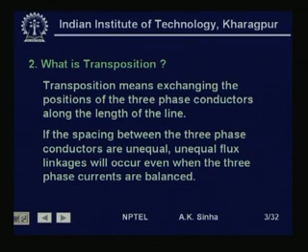Second question was, what is transposition? Well, transposition means exchanging the position of the 3 phase conductors along the length of the line. That is, when we have 3 phase conductors which are not equilaterally spaced, that is, equal spacing between them is not possible due to physical constraints of the transmission line construction, in such a case we will get unequal flux linkages with the 3 conductors.